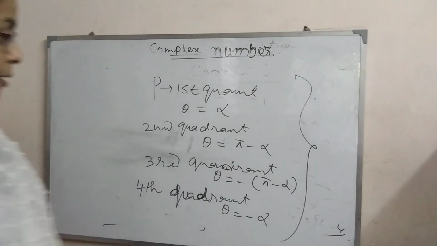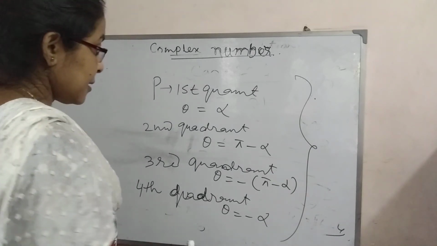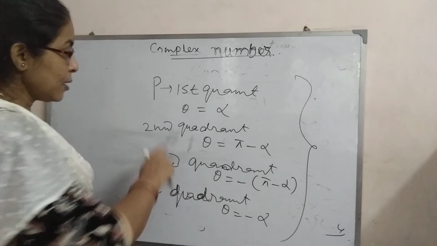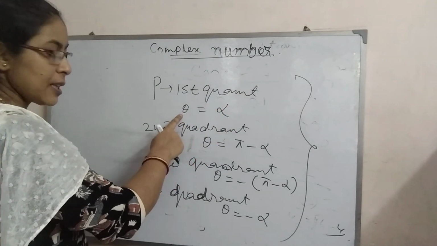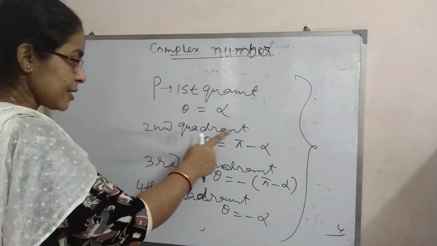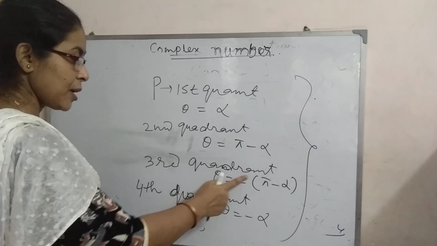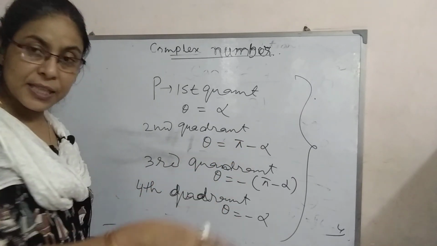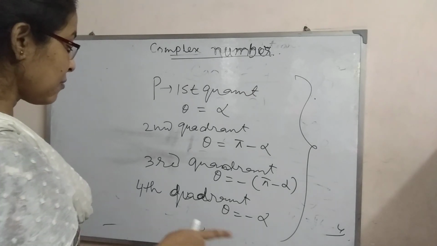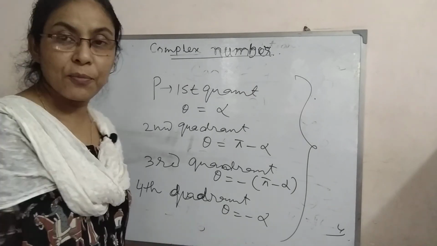You keep this in your mind. P in the first quadrant, theta equals alpha. P in the second quadrant, theta equals pi minus alpha. Third quadrant, theta equals minus pi plus alpha. Fourth quadrant, theta equals minus alpha.